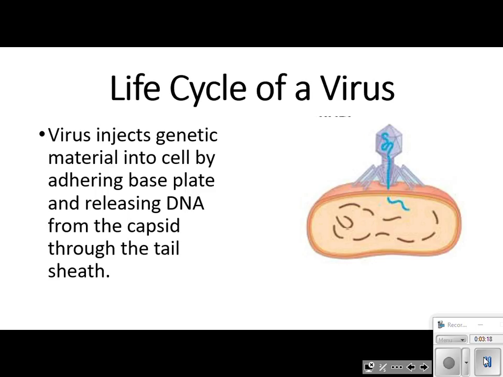It could be RNA, just remember that. So I'll try to use genetic material instead of just DNA. But the fact is that the second thing, after the virus adheres itself to the host cell, it has to place its genetic material into that host cell.